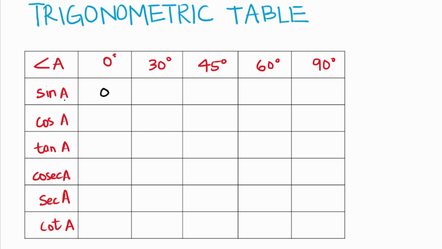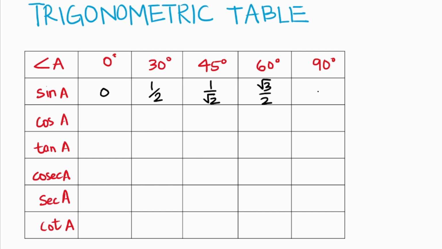Sin 0 is 0 itself. For sin 30, the answer is 1 by 2. For sin 45, the answer is 1 by root 2. For sin 60 degree, it is root 3 by 2.